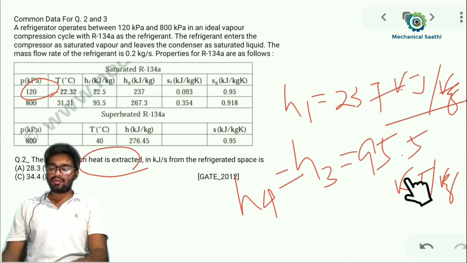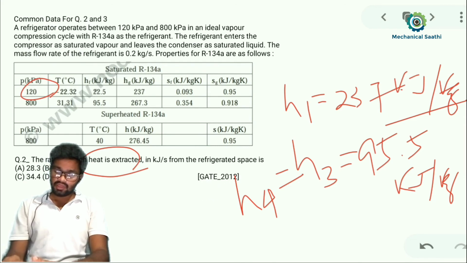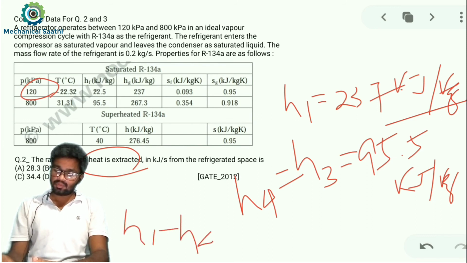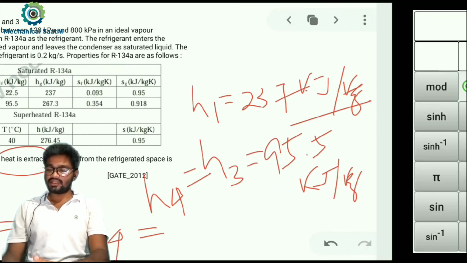We need to find the rate at which heat is extracted from the refrigerated space, that is Q, which we can write as the refrigeration effect, RE. The formula is H1 minus H4. So if we subtract H4 from the H1 value, we can calculate the refrigeration effect.